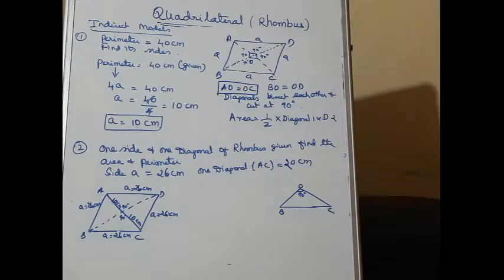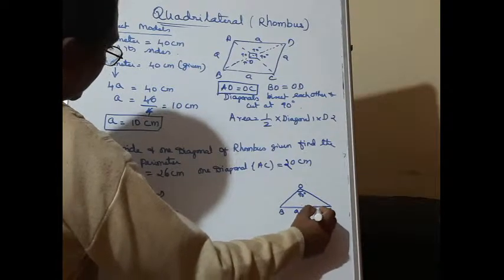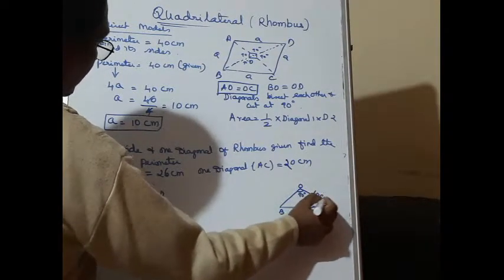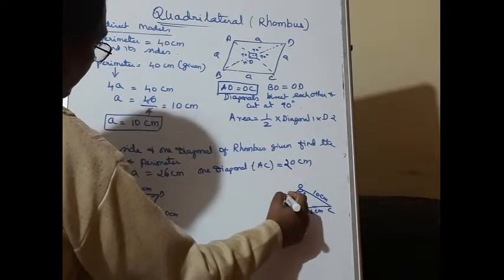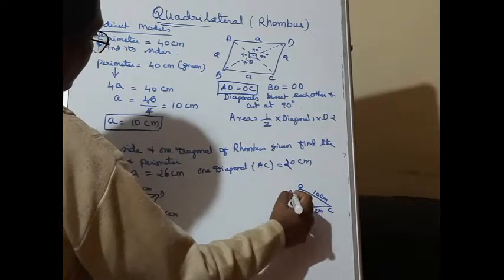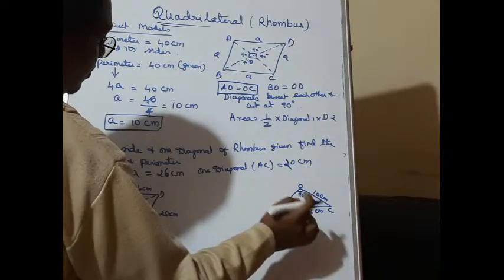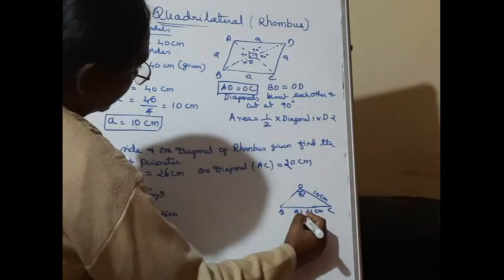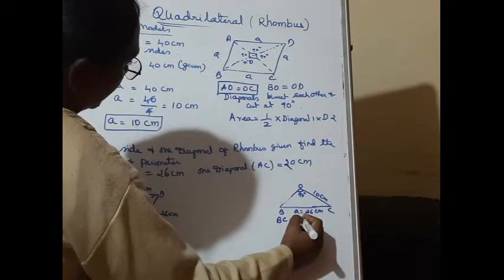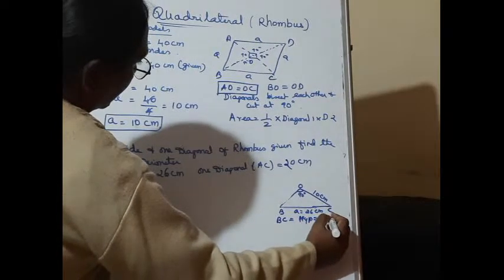BC we put as 26, and OC you put 10. And BC you call the hypotenuse. Write separately: BC equal to the longer side equal to 26.